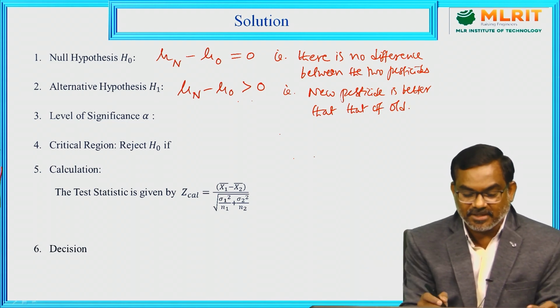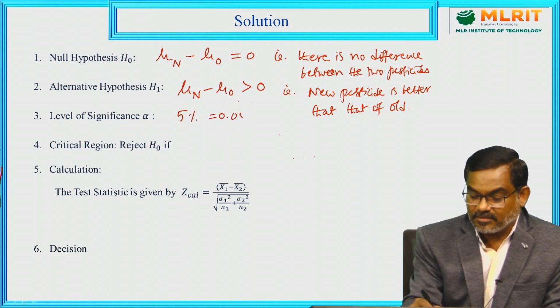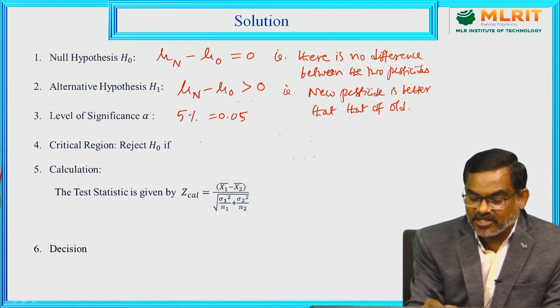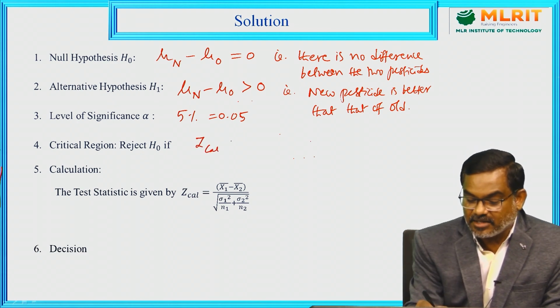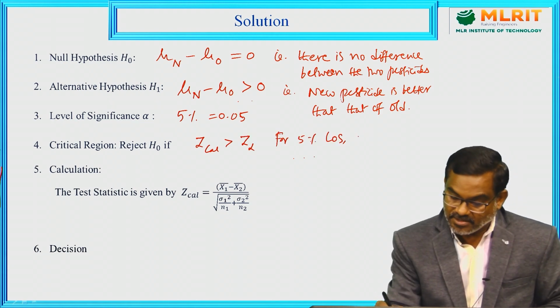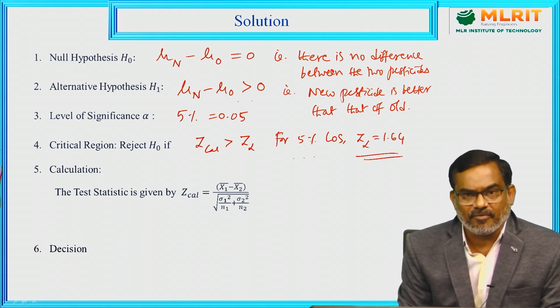And the level of significance is alpha equal to 5%, which is 0.05, and the critical region, since it is a greater than type, reject H naught if Z calculated is greater than Z alpha. For 5% level of significance, Z alpha is 1.64. This is the tabular value.